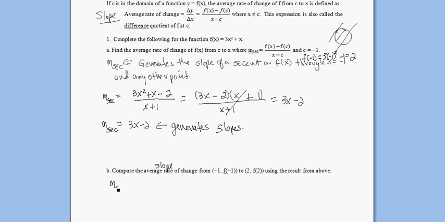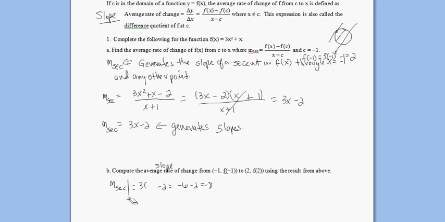So the slope of our secant, and I'm going to draw a vertical line in negative 2, this is the same thing as function notation of f of negative 2, let's say, so you're plugging negative 2 in. So if I plug in negative 2, I get 3 times negative 2 minus 2, which is negative 6 minus 2, which is negative 8, and I didn't want to do negative 2, I wanted to do positive 2, my mistake.